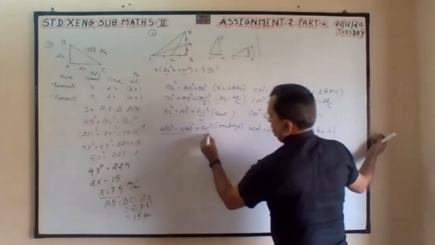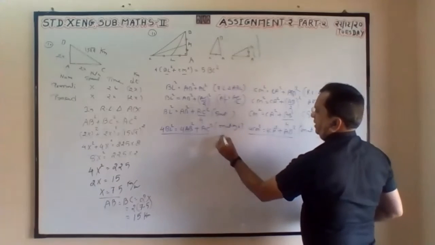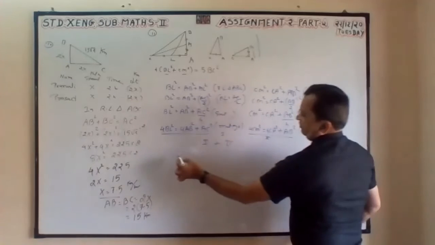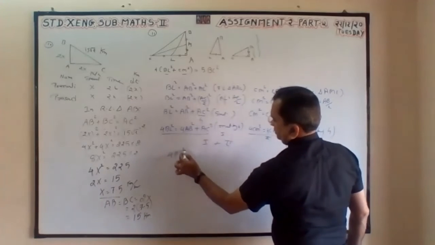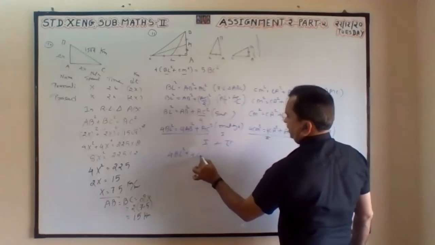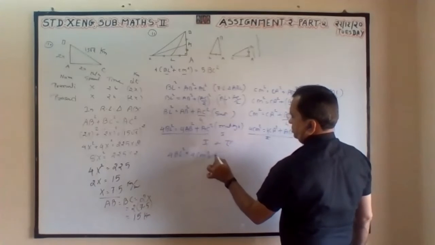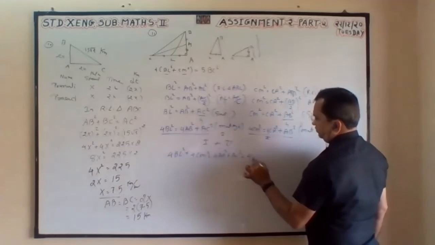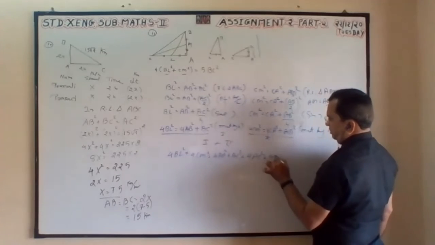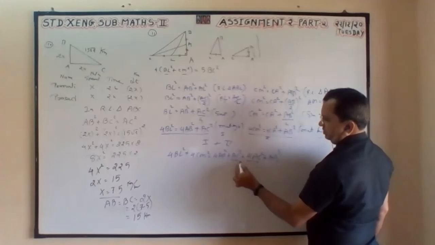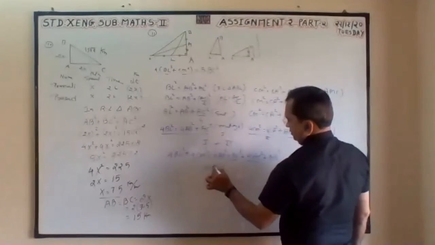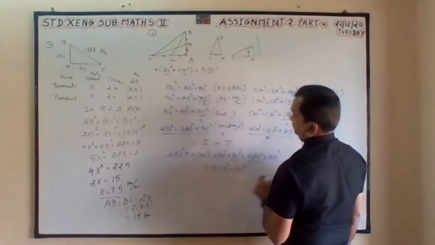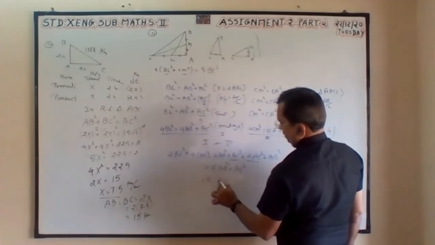Okay. Now this and this I will add, first and second. Left side 4BL square plus 4CM square is equal to 4AB square plus AC square plus 4AC square plus AB square. So 4 plus 1, 5: 5AB square, 5AC square. 5 common.